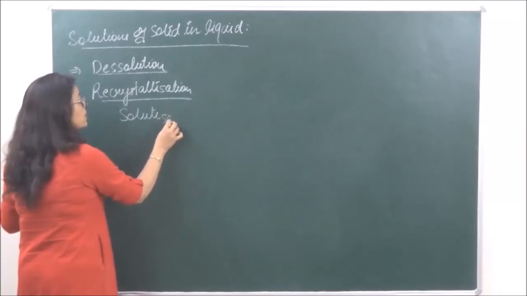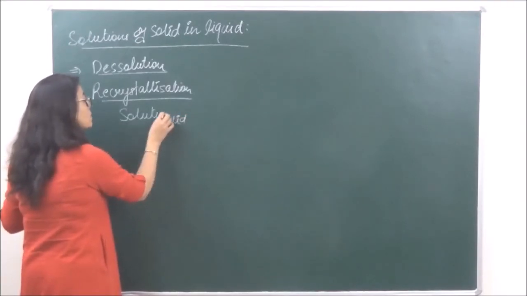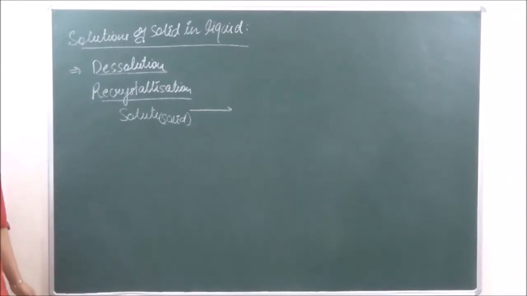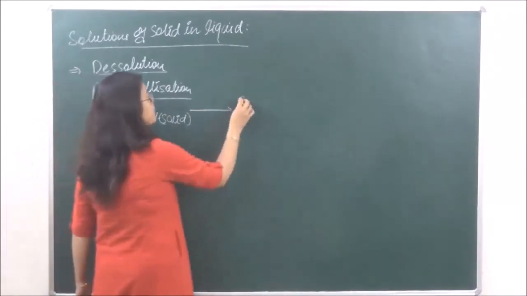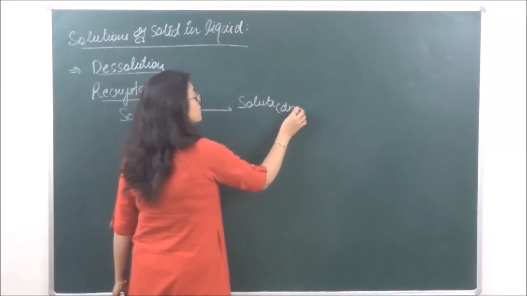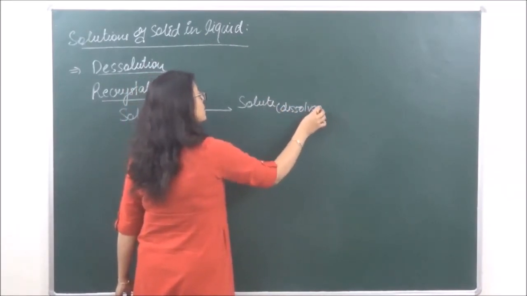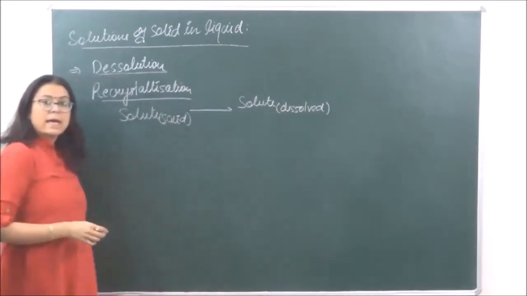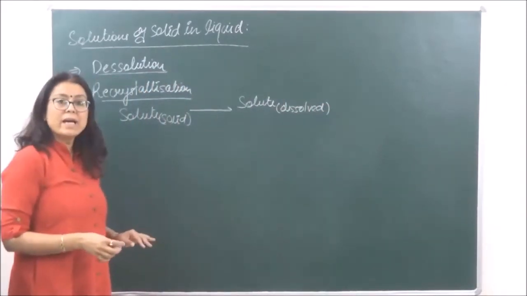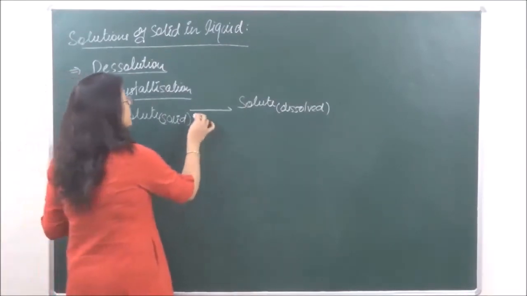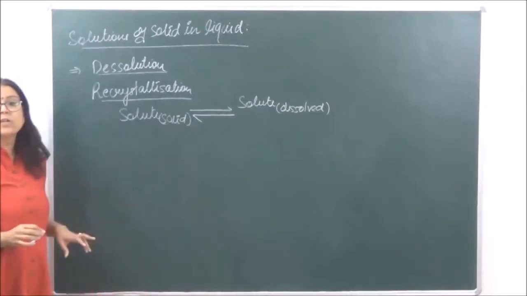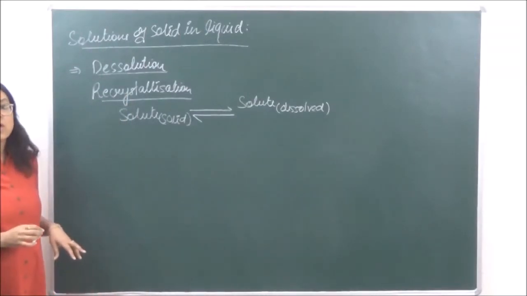Now at equilibrium, the solute in the solid form gets dissolved to form solute in the dissolved form. So the forward reaction is known as dissolution, and the reverse reaction is known as crystallization.